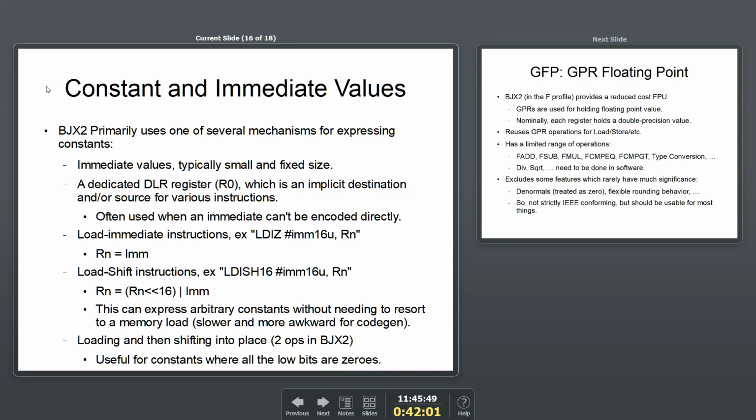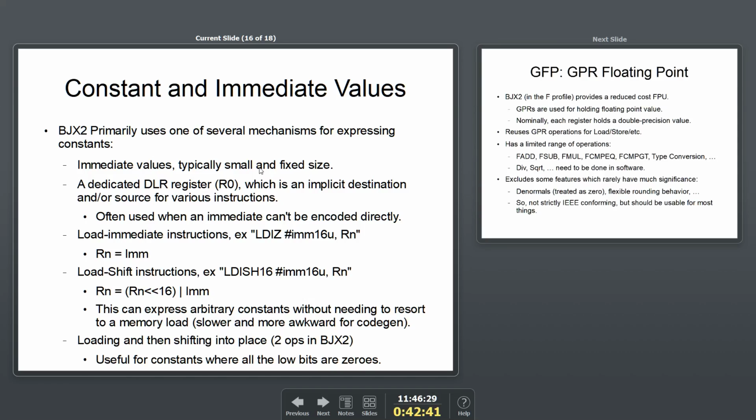Constant and immediate values. BJX2 primarily uses one of several mechanisms for expressing constants. There's immediate values, which are typically small and fixed size. If we're doing 32-bit instructions, as noted, since the number of bits in the instruction is fixed, there's only so big of an immediate that can be handled directly in the instruction.